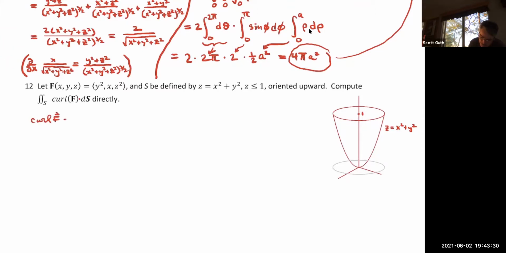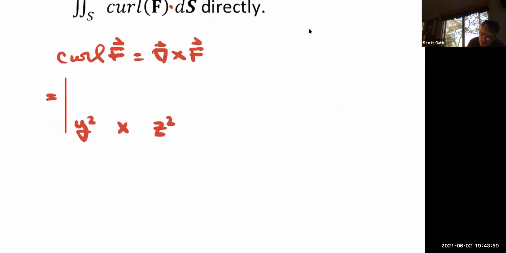The formula is del cross f. You've seen this many times. We do these partials, but the f is up here. The x component is y squared, the y component is x, and the z component is z squared. We're taking partials with respect to x, y, and z.